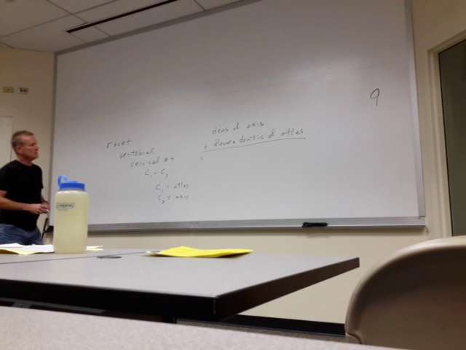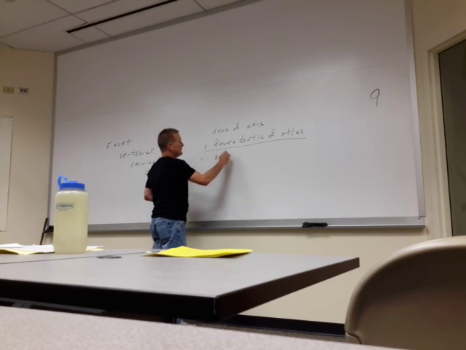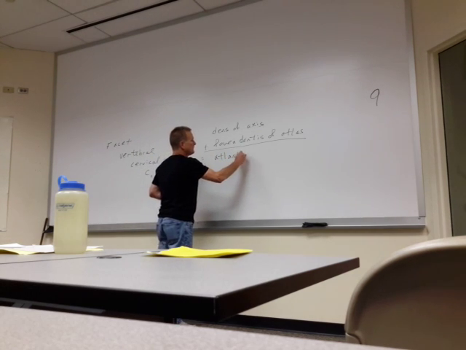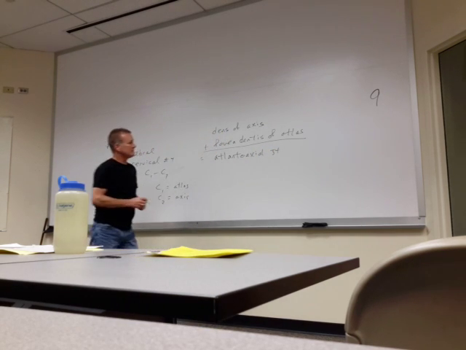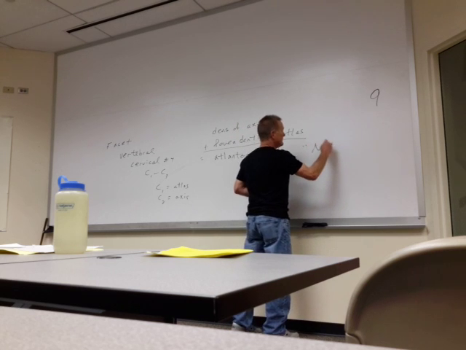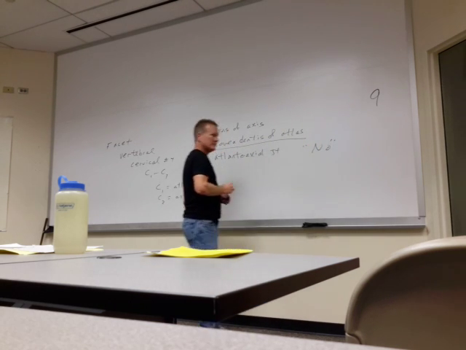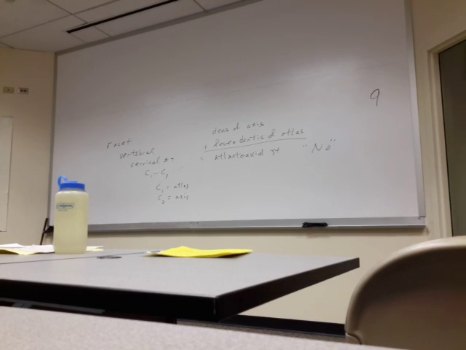Remember, that's just a cool way to write joints. And this forms the atlantoaxial joint. This is the no joint. I usually shake my head that way and write the word yes, or the other way around.